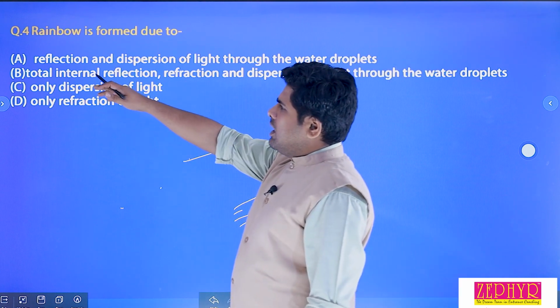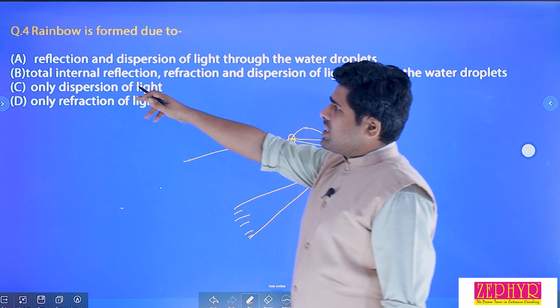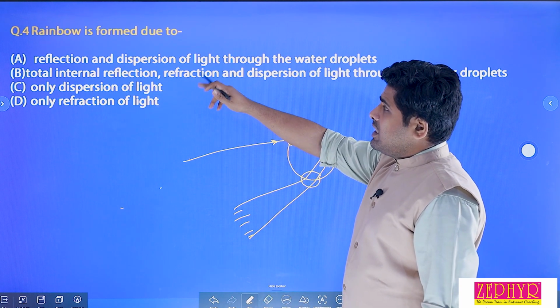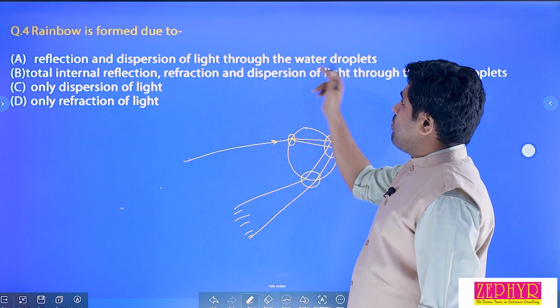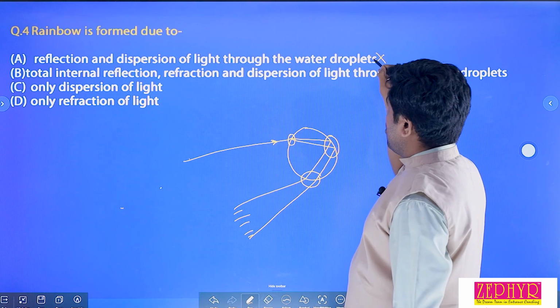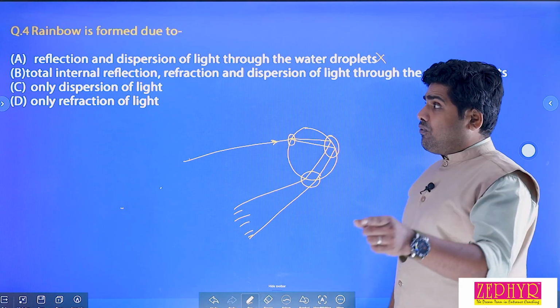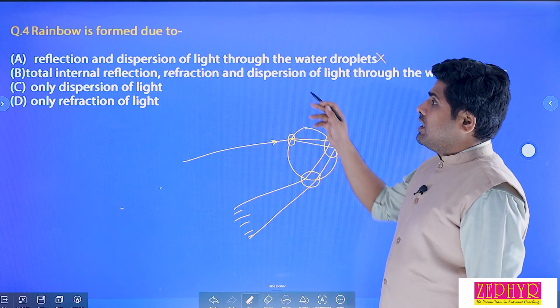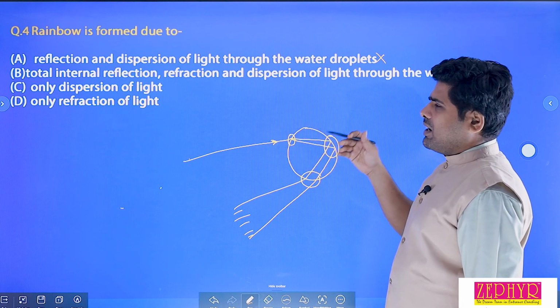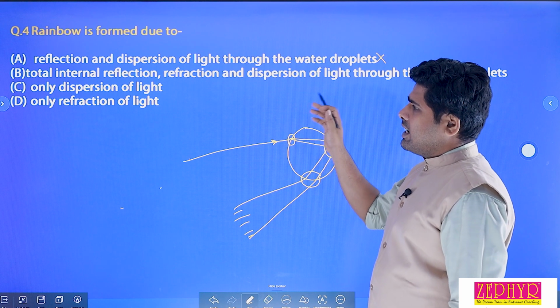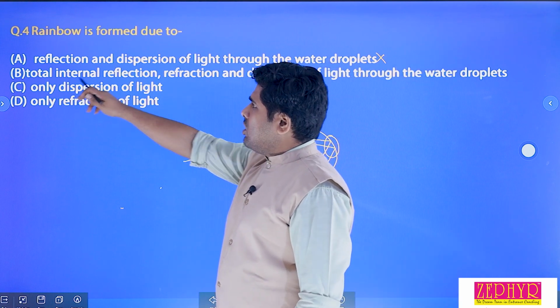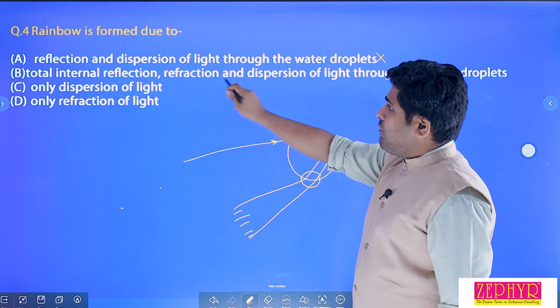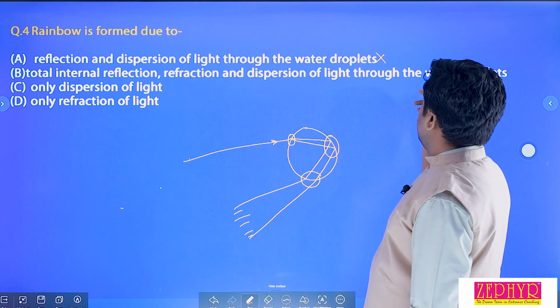So here the options are reflection and dispersion of light through the water droplet. It is a wrong statement. It is refraction, not reflection, so it is not a correct answer. Then the second one: total internal reflection, refraction and dispersion of light through the water droplet.